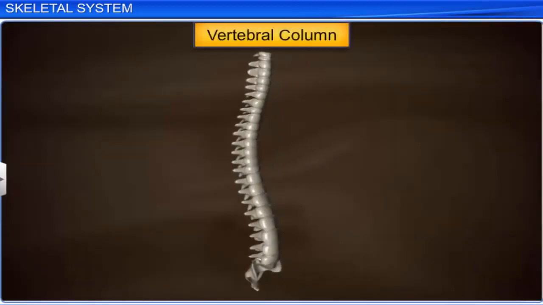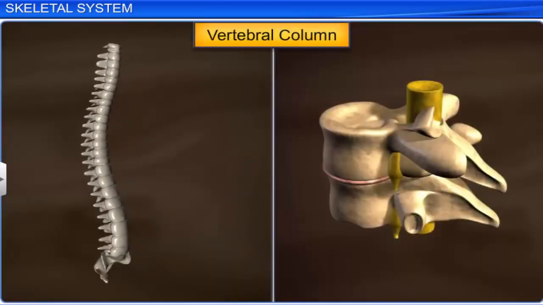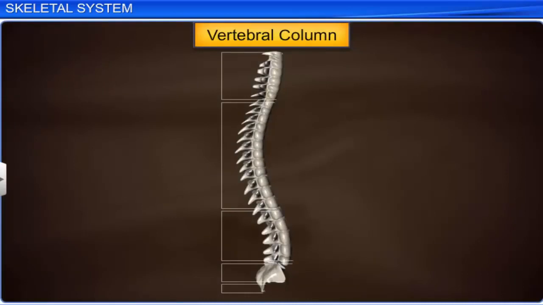It consists of 26 differently shaped bones called vertebrae. Each has a central hollow portion called the neural canal, through which the spinal cord passes. The vertebrae are divided into 5 groups according to the region they occupy.